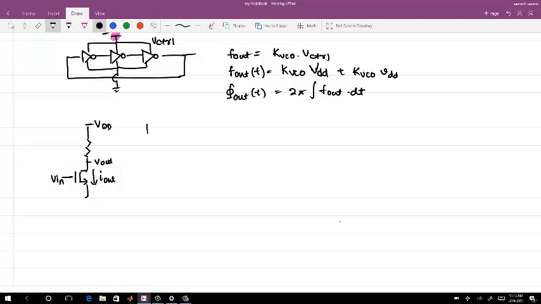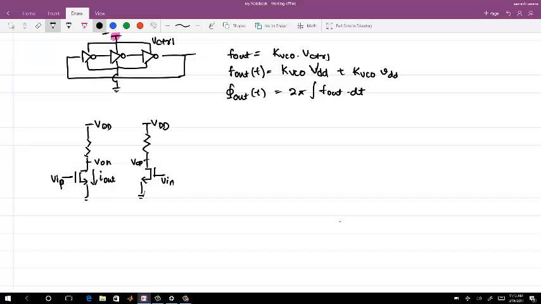Now, if you are having a pseudo differential cell, let me call this VIP and this VIN, and I will change the outputs to VON and VOP, right? Now, let's say VIP and VIN are fixed at a given common mode voltage, and whatever the VDD is, your VOP and VON both will be shifted by that common mode voltage, right?